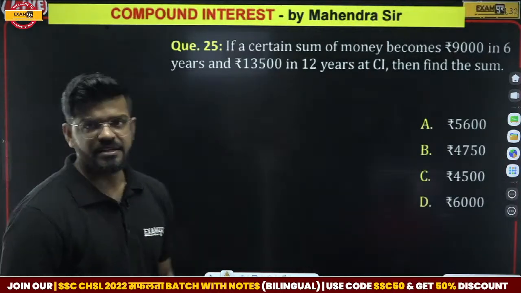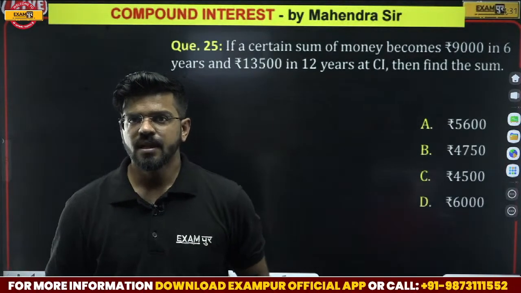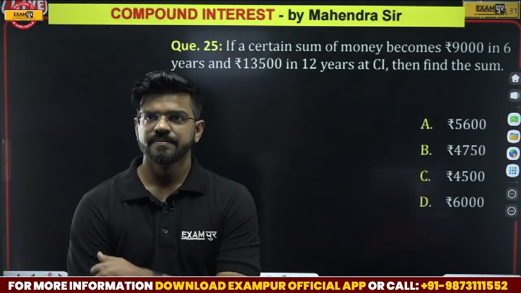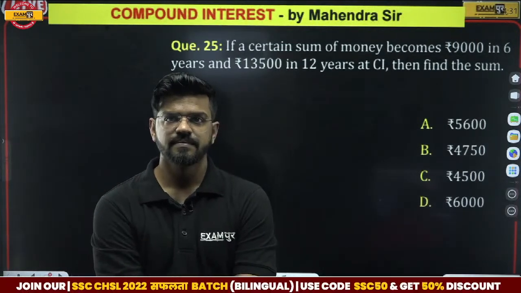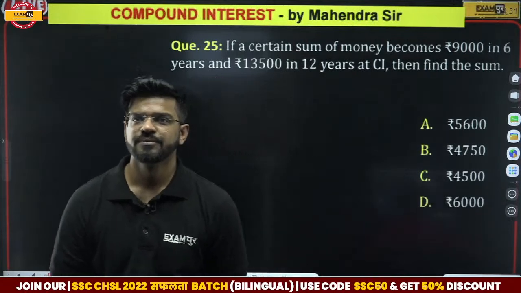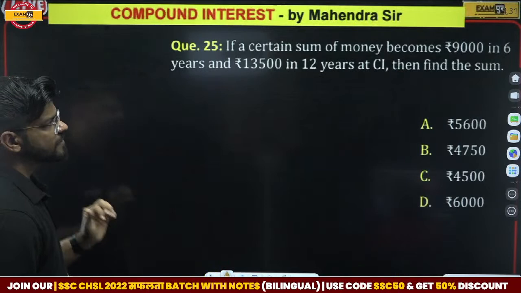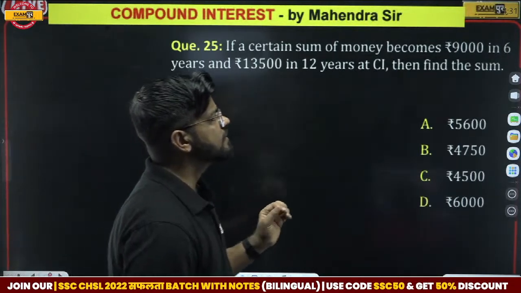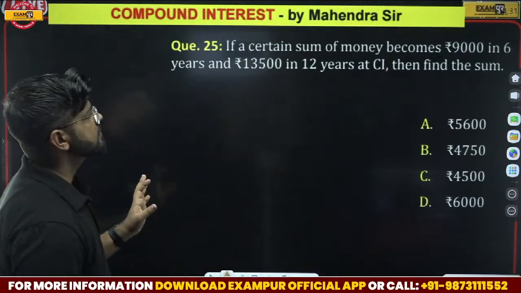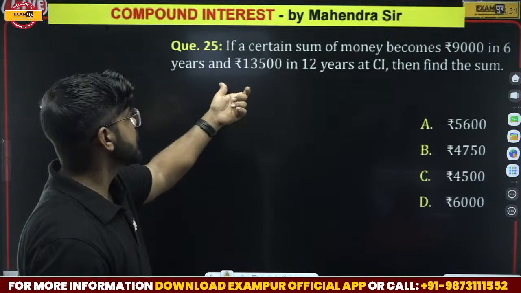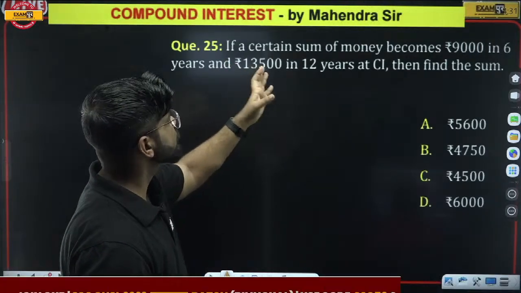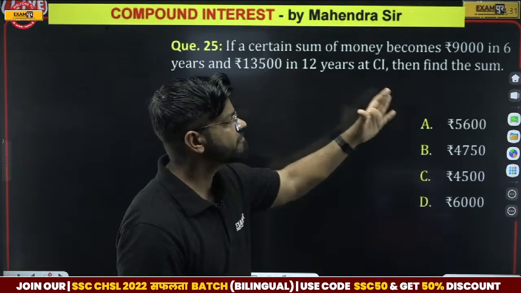So we have the next question. Tell me the answer of this question, all of you. What is the question saying? If a certain sum of money becomes 9,000 in 6 years and 13,500 in 12 years at SI, then find the sum.